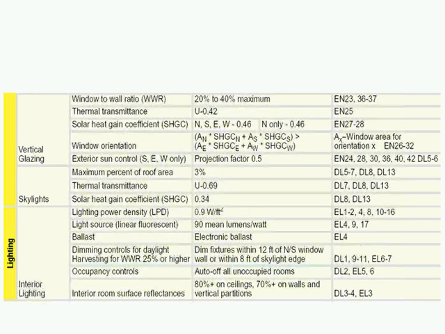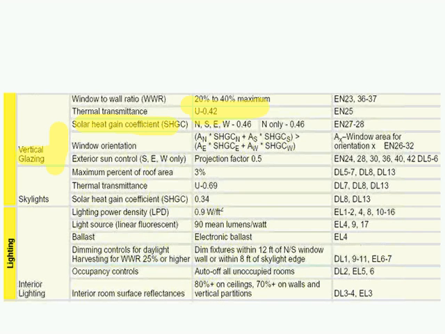Lighting, of course, isn't just electric lighting. It's also the daylight that comes into the building. So we're talking a little bit about the vertical glazing also of 20 to 40% maximum window wall ratio, your thermal transmittance of a U value of 0.42, what your solar heat gain coefficients for the glass should be.